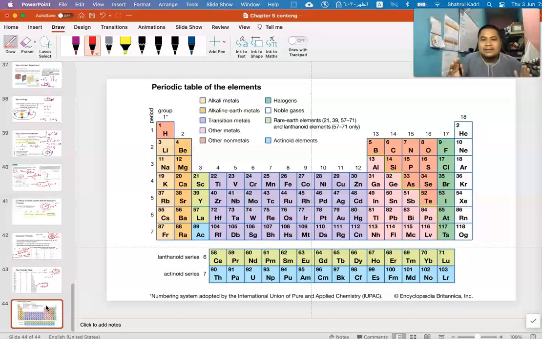Dan juga apabila kita memahami tentang screening equation dan solution dia ni, banyak jugalah unsur-unsur di awal-awal penemuan periodic table ni, banyak juga elemen-elemen yang kosong, yang tak dijumpai.